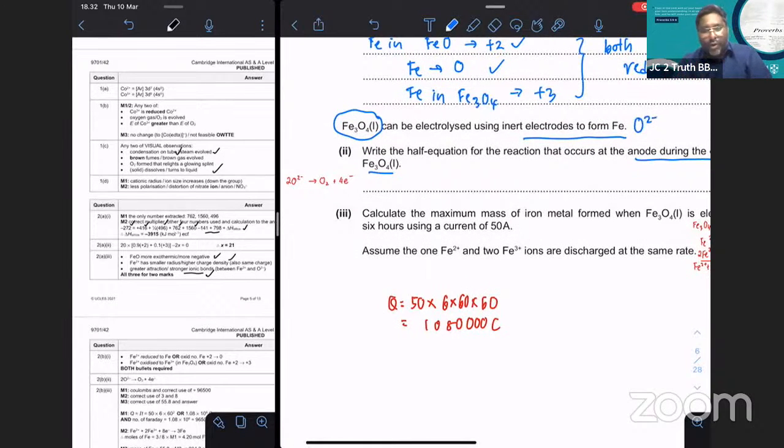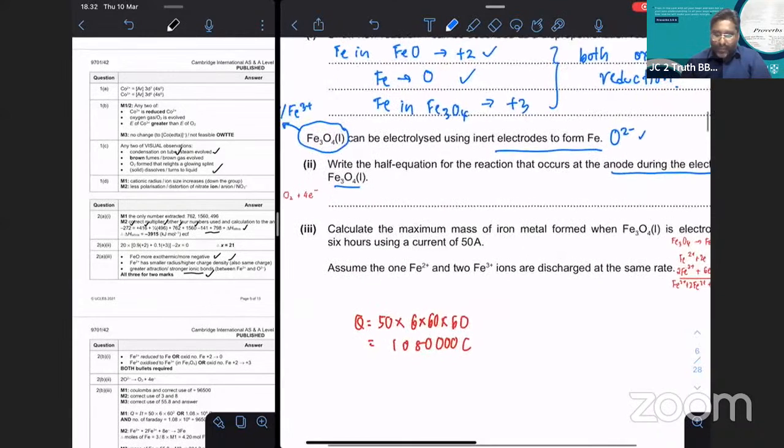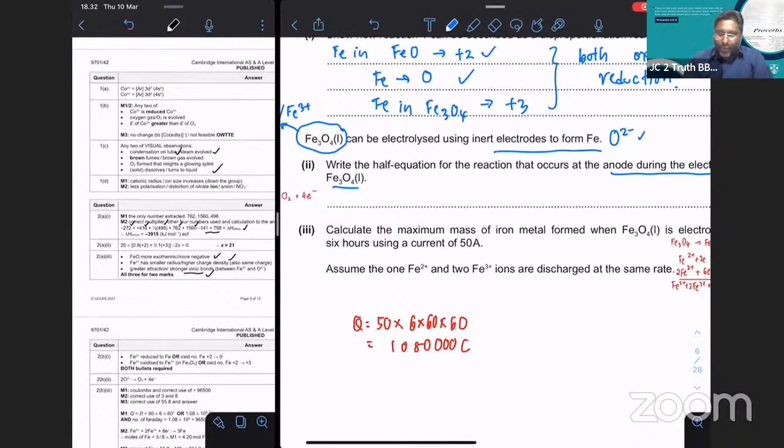So at the anode, we are talking about anions. Fe2+ and Fe3+ are going to be cations. So we are talking about oxygen ions, oxide ions. Here, write the half equation. What will happen? You write O2-.